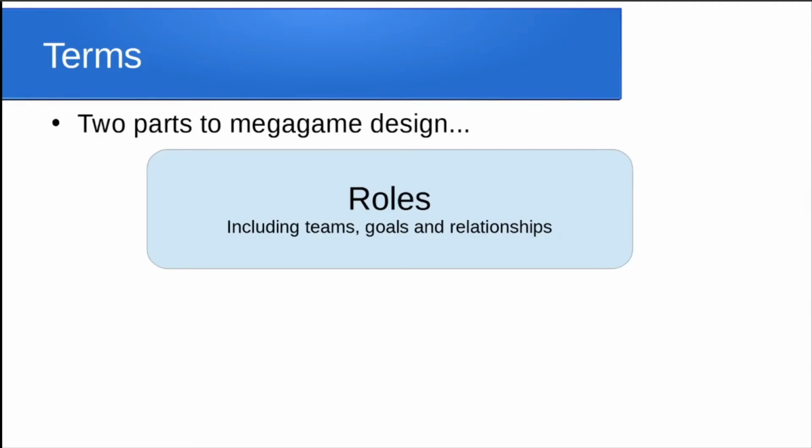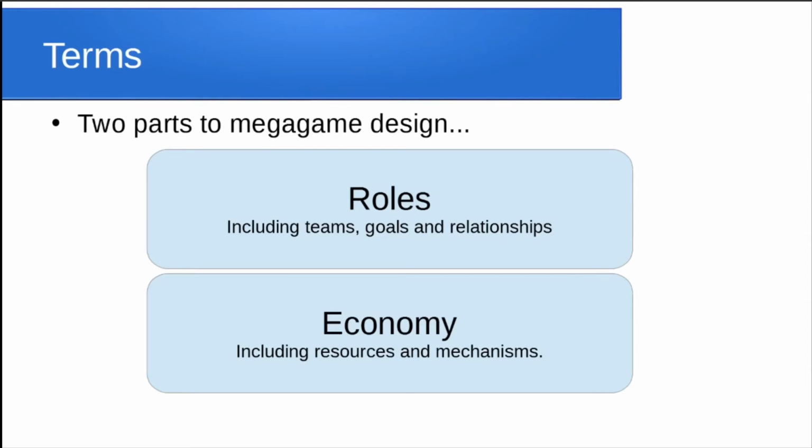In this, I'm including your team, your goals, your relationships, everything that usually comes in your role briefing, essentially. And then the other part is the economy, which I'm defining as broadly as you can get away with. That's all the resources and the mechanisms for your game that players are playing with.